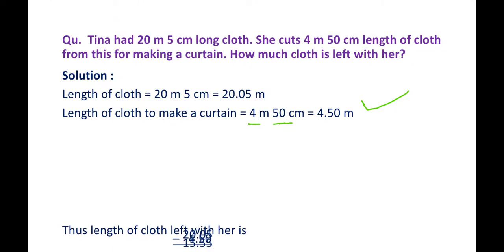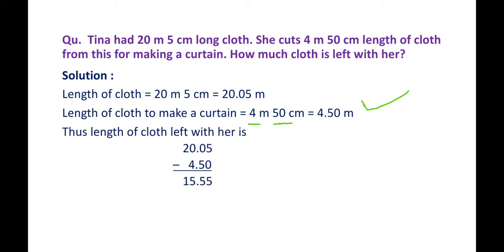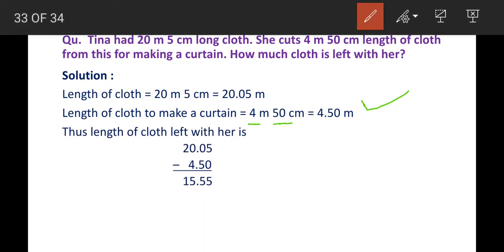Clear? Next, to find the length of the cloth left with her, we have to subtract the cloth used for making the curtain from the total cloth. So 20.05 minus 4.50. 5 minus 0 is 5. 0 minus 5 can't subtract, so borrow from its previous digit.